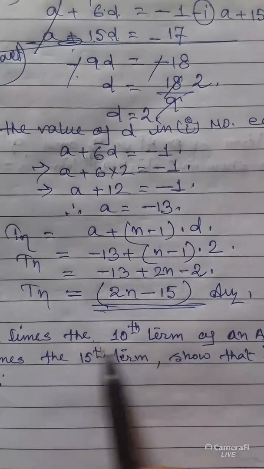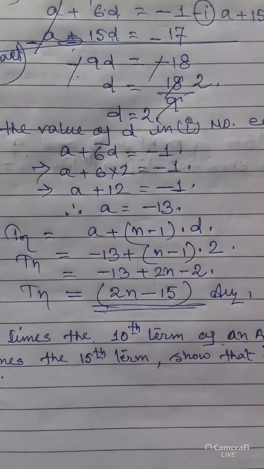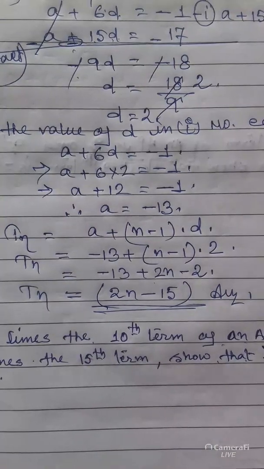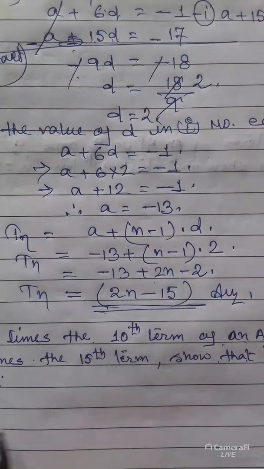Now, if 10 times the 10th term of an AP is equal to 15 times the 15th term, show that its 25th term is 0.